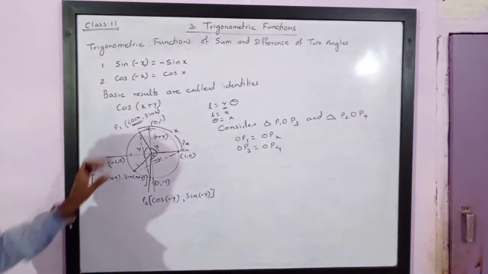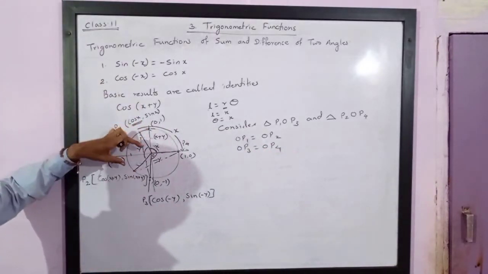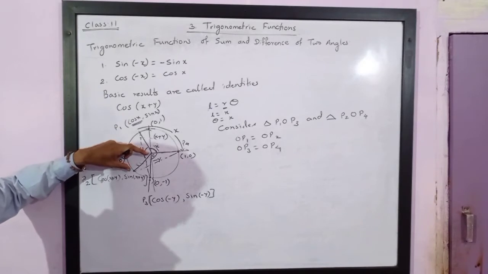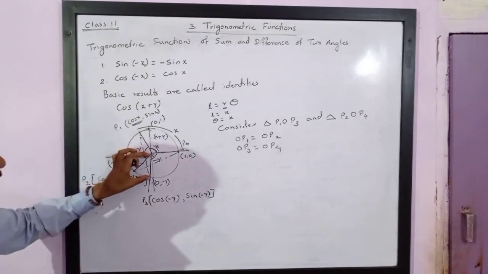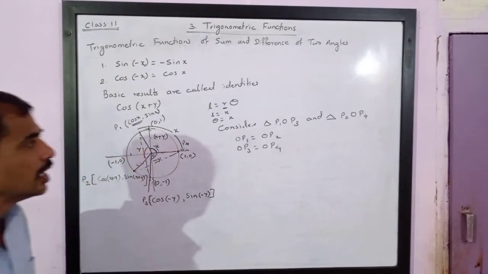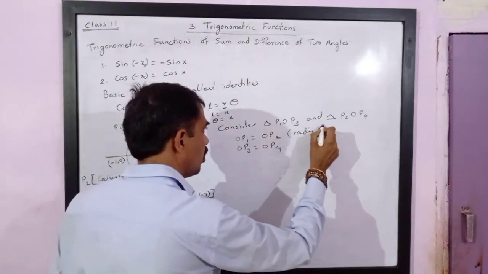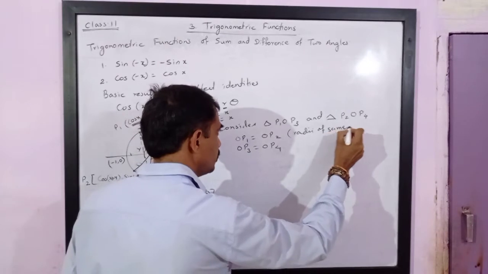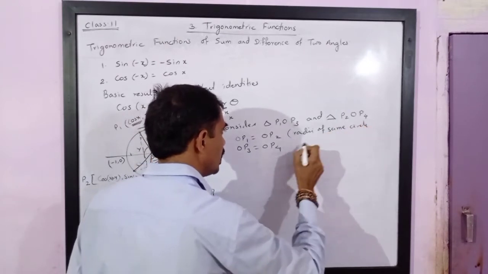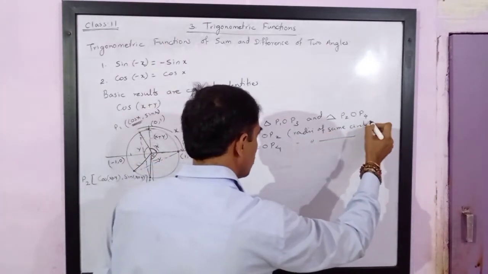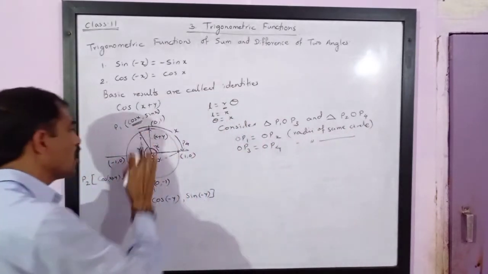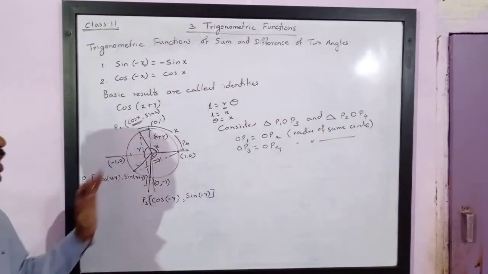Try to understand. The reason is radii of the same circle. Here also you will see the reason is the same. Since they are all the radii of the same circle, it means they must be congruent.